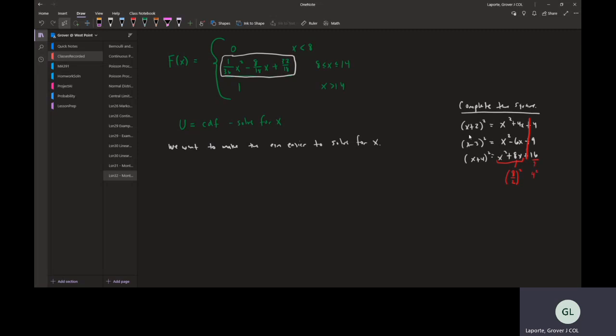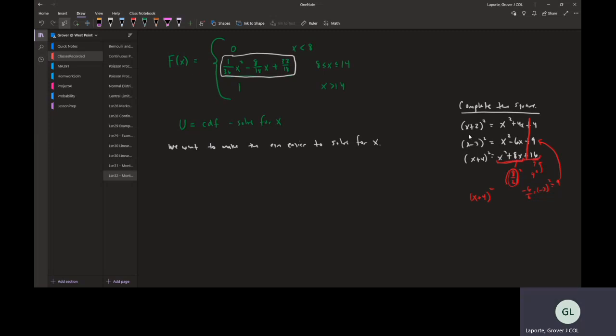So 4 squared gives us 16, so we're good. Same thing here: if you took negative 6 and divided it by 2, you get negative 3. If you squared that, you would get 9, which is exactly what we want in order for that square to be complete. And just so you remember, whatever is inside the little square is, for example, x plus 4 quantity squared would give us this entire thing.